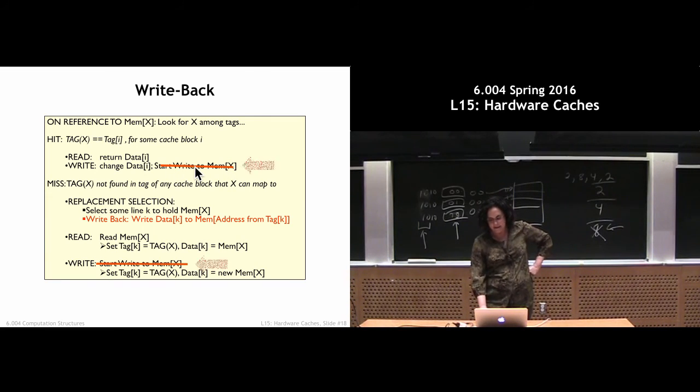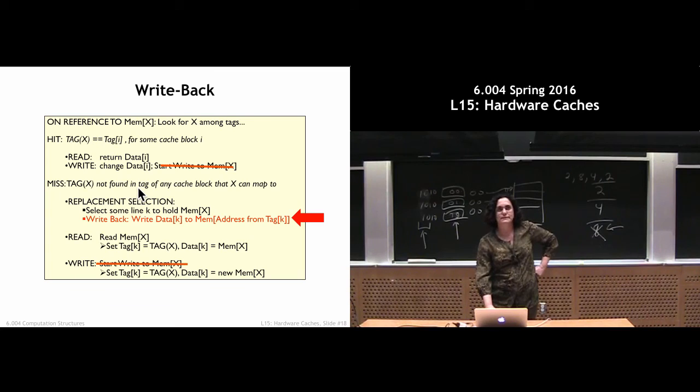Now we're saying we're not going to do that, okay? Instead, only when it's time to have the replacement, because you have to take a line out of your cache, at that point, you're going to write your data back to main memory and to the address that it corresponds to.